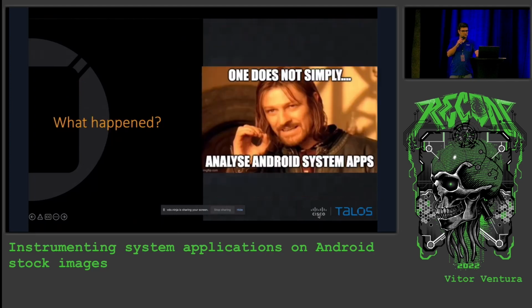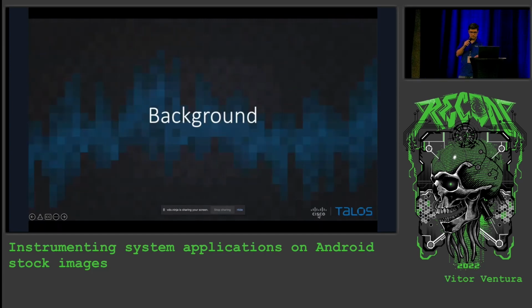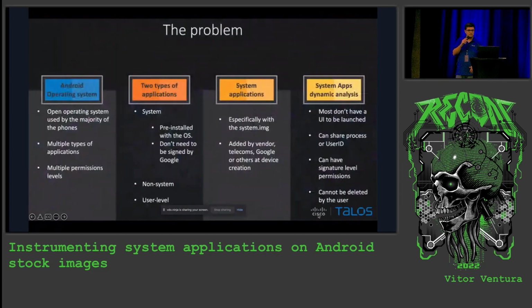So the issue is when we start to look at system applications on Android, it's not as simple as one might think. Of course, we can always extract the code and look into it, but if you want to do dynamic analysis, there are a huge number of constraints that prevent you from doing that kind of analysis. Just for some background, on Android you have two different kinds of applications.